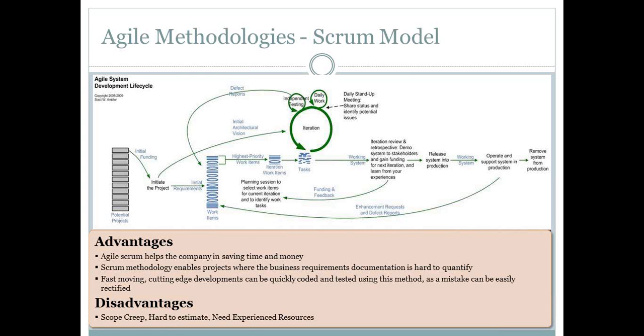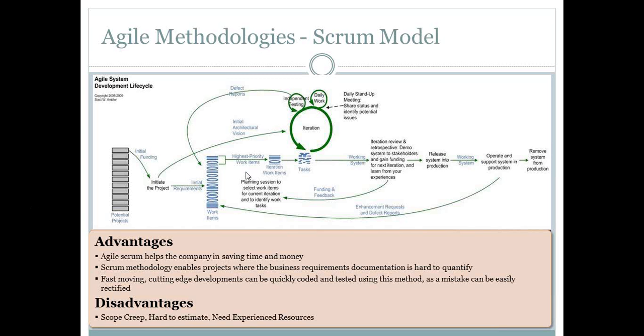So this is the way in which you would use a Scrum methodology to develop your system. The advantage of a Scrum methodology is that you're getting a working system within the first few weeks of the start of the project. You don't have to wait till the end of the project to see how your final system would look.